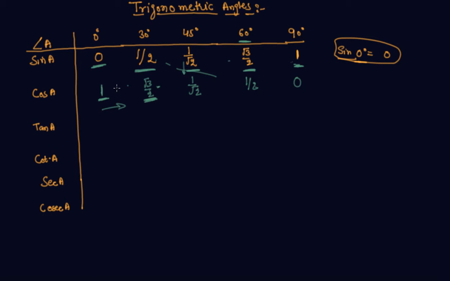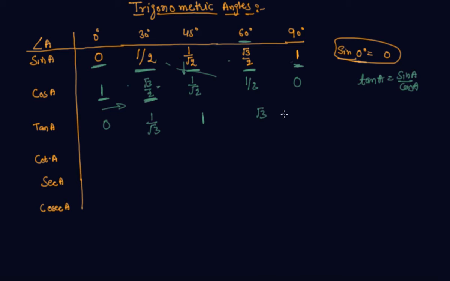Let me write the value of tan theta. Tan is basically sine divided by cos, which I told you in my previous lecture also. So 0 by 1 is 0, and 1 by 2 upon root 3 by 2 is 1 by root 3. You can divide these terms if you want to find out.